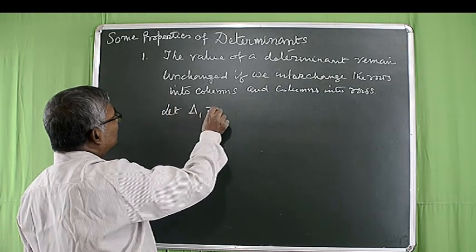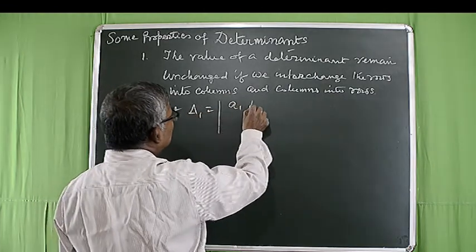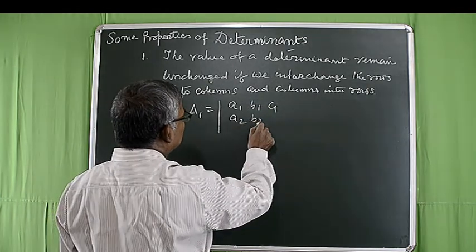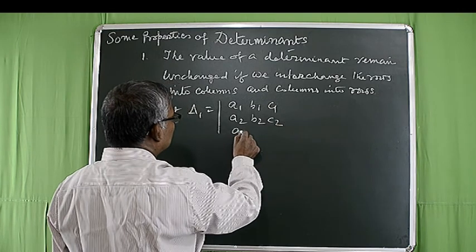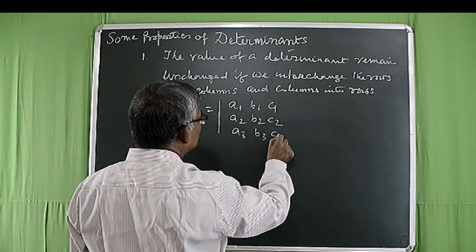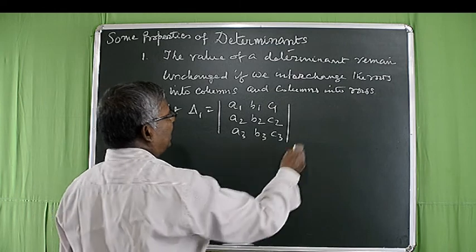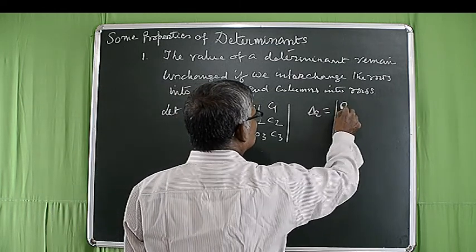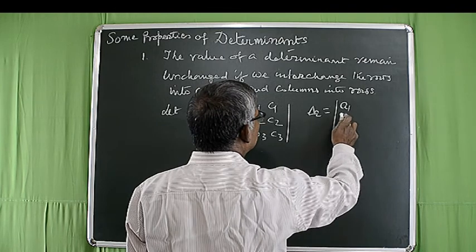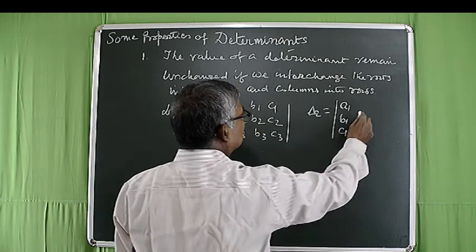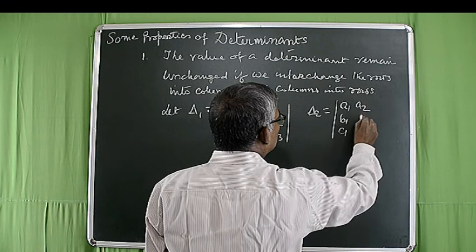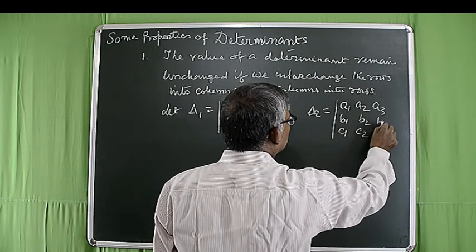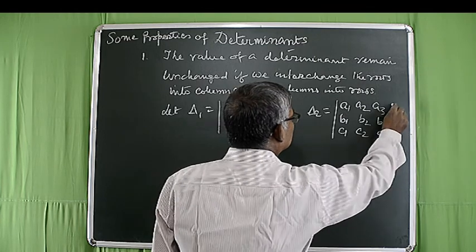Let del 1 be a1 b1 c1, a2 b2 c2, a3 b3 c3 and del 2 equal to a1 b1 c1, a2 b2 c2, a3 b3 c3 with rows and columns interchanged.